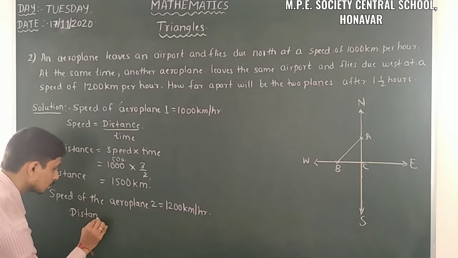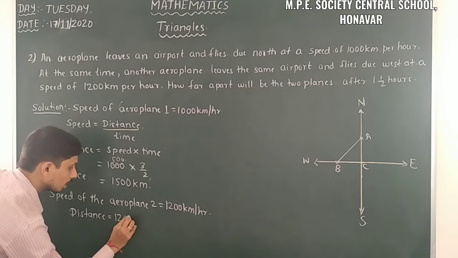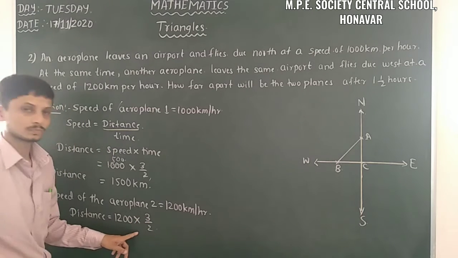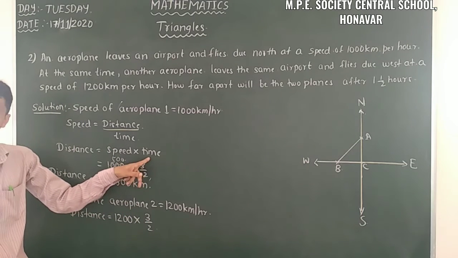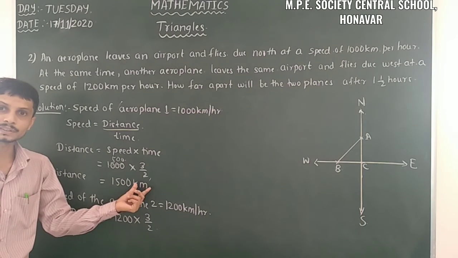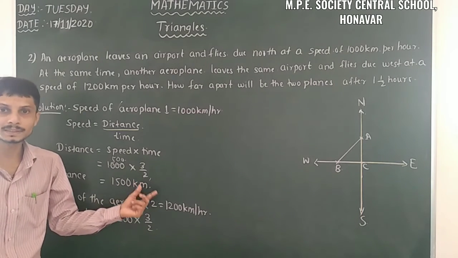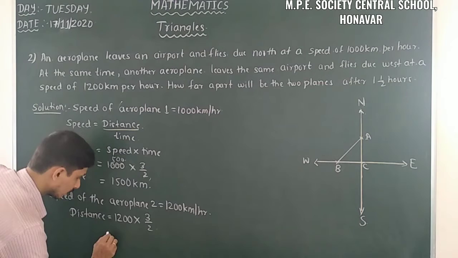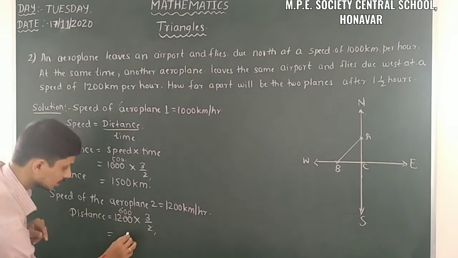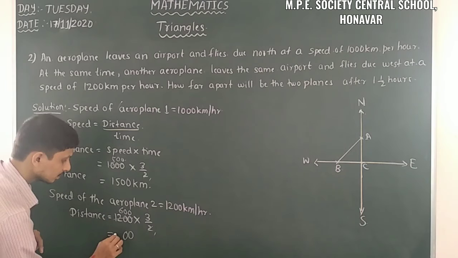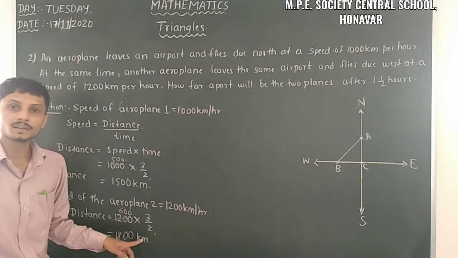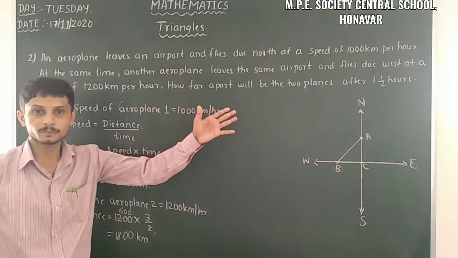Distance is equal to 1200 into 3 by 2. We converted 1.5 into 3 by 2, the improper form of a mixed fraction. Then 2 into 600, and 3 into 600 is 1800 kilometers travelled in the direction of west.